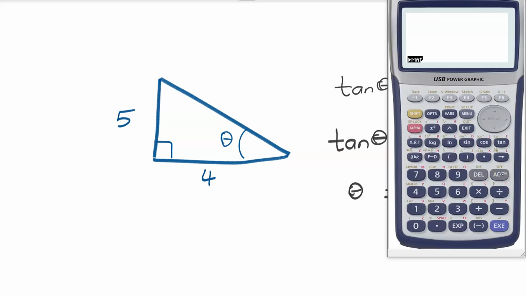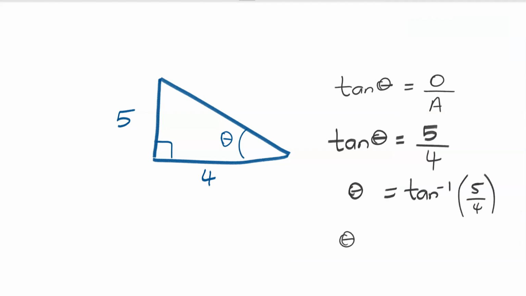I go back to my calculator, shift tan, bracket 5 divided by 4, and close the bracket. And I get 51.34. So I just write that as 51.3, rounded to one decimal point. 51.3 degrees.